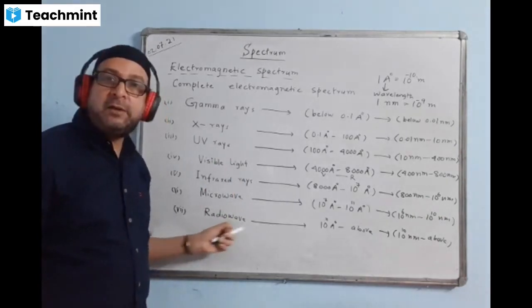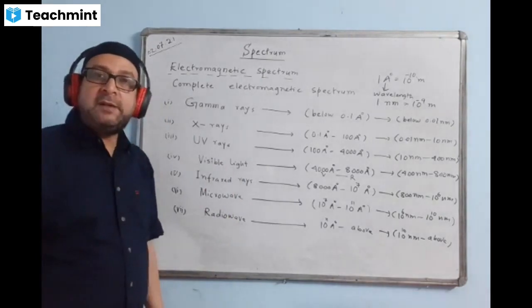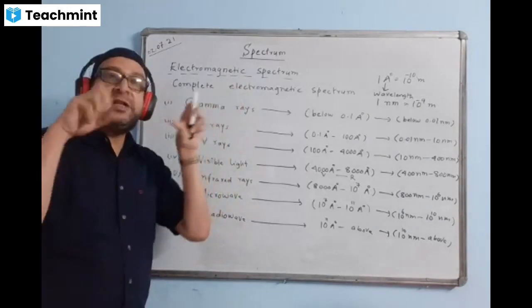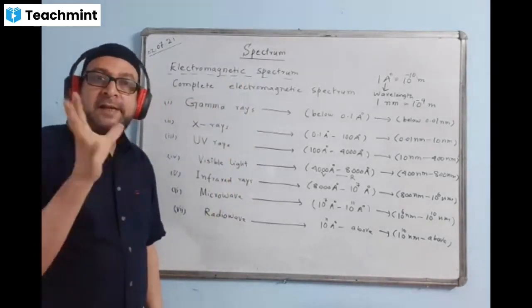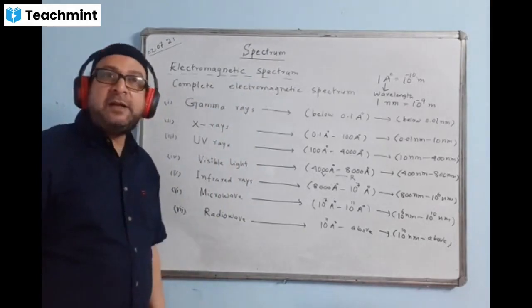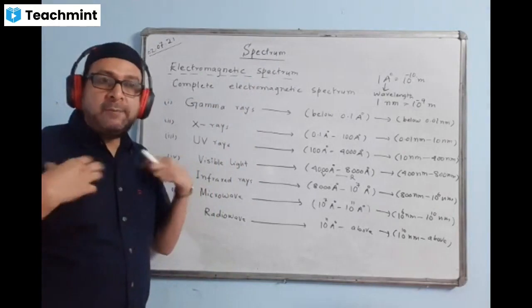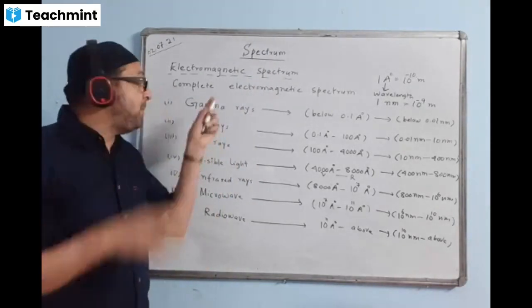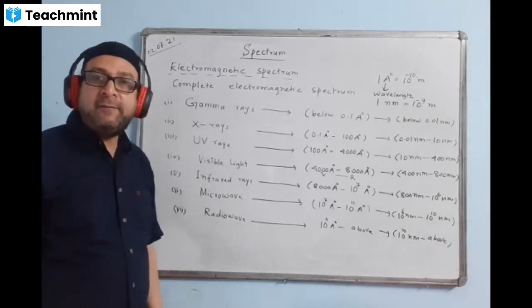We use radio waves for television network or mobile network, relayed through stations in space. All dish antennas catch radio waves, and since they are least harmful, they don't cause harm to us. But we can't relay gamma rays in space because they are very, very dangerous.